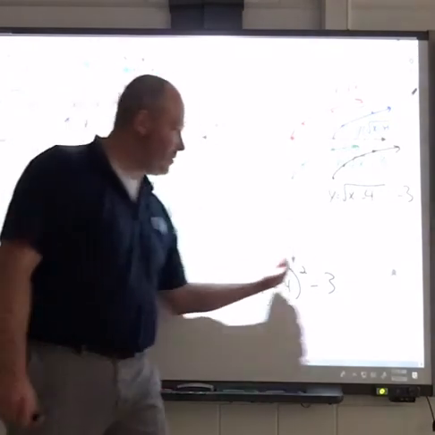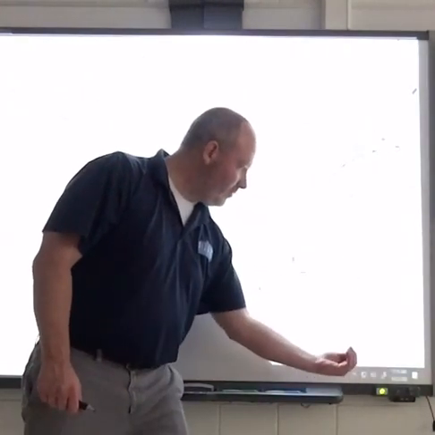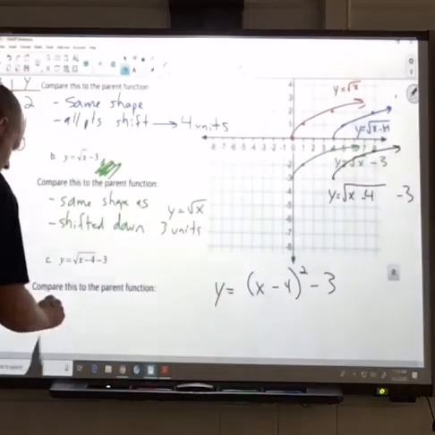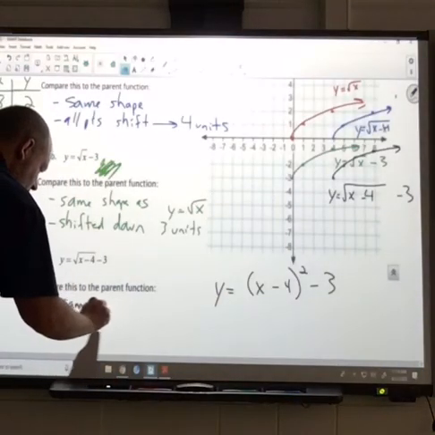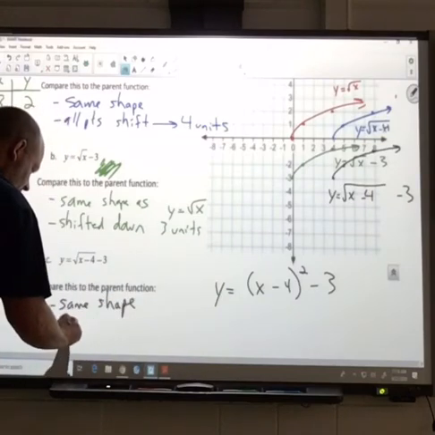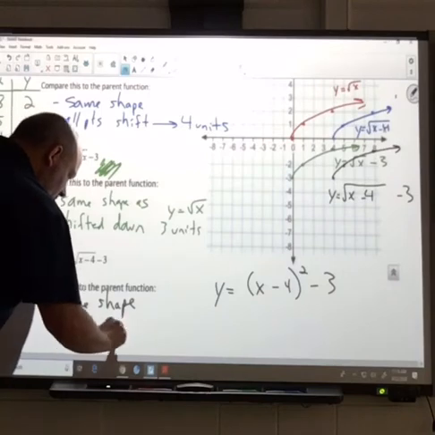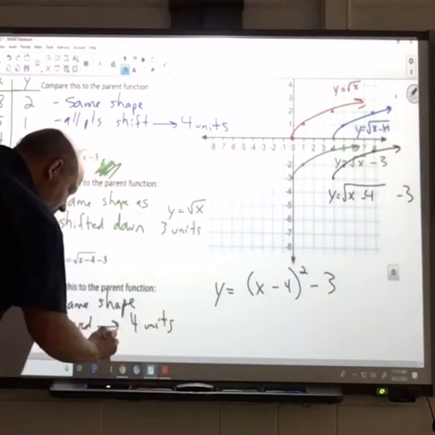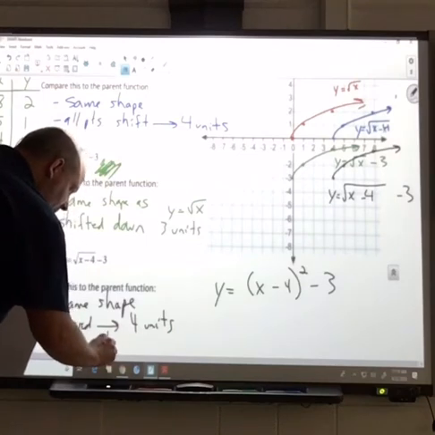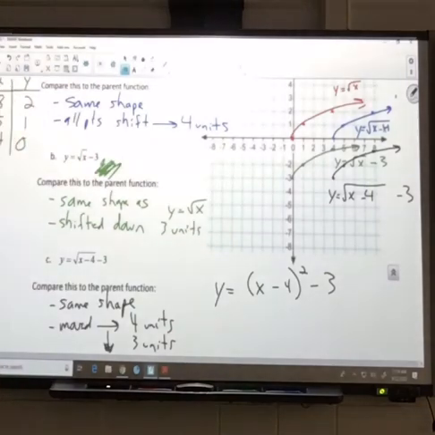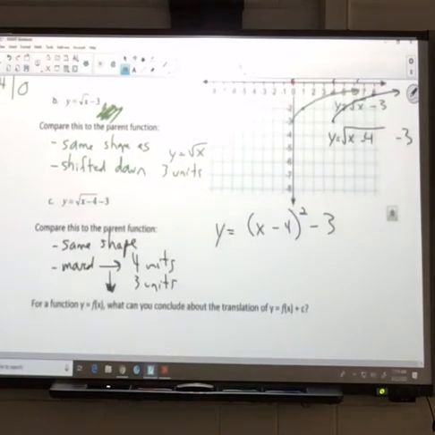And you would shift it to the right 4 and down 3, and then you draw your parabola. Again, same shape, same shape, moved 4 units, and moved down 3 units. Okay, and that's all that's happened to that in that situation.